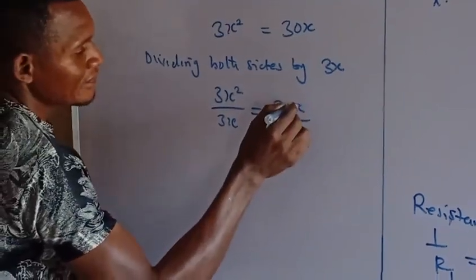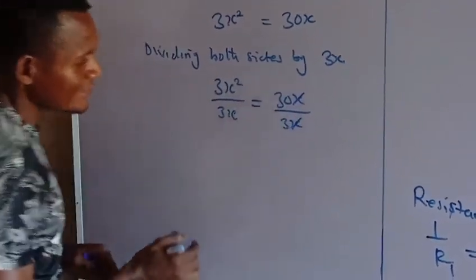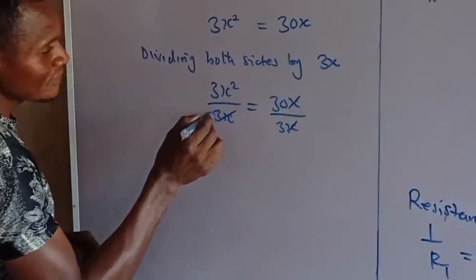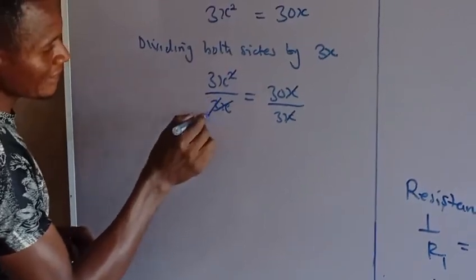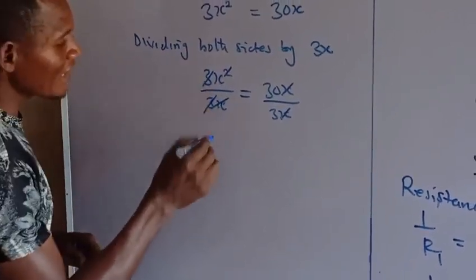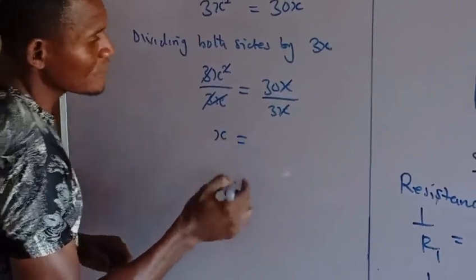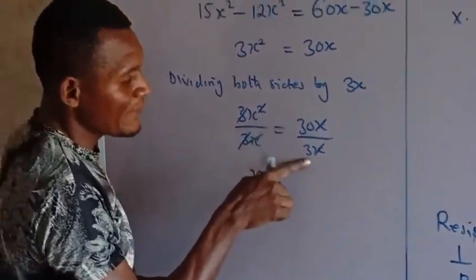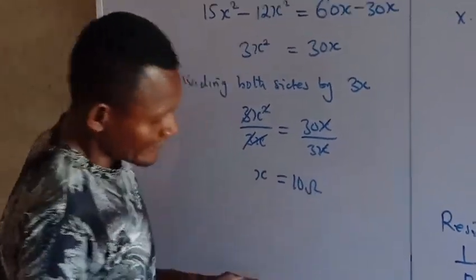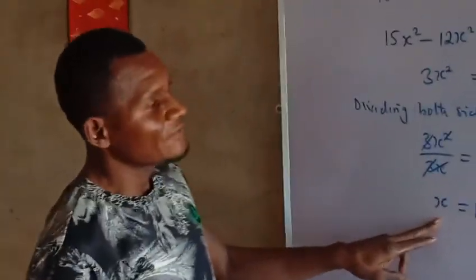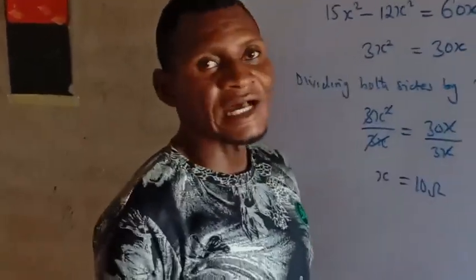So this x will cancel x, one on the x there, and then 3 cancels 3. So here you are left with x is equal to 30 divided by 3 will give us 10. So that is 10 ohm. And that is the answer, or that is the value of x in that diagram.